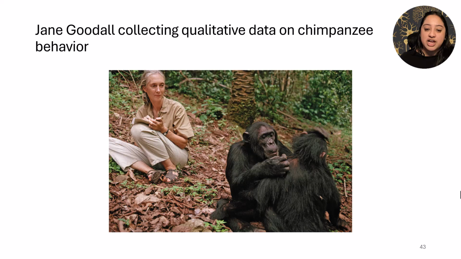She was able to name and get to know the individual chimpanzees, and she described their behaviors, the name of this one interacting with this other one, and this is what they do. She's describing things, so that would be qualitative data. But she could also collect quantitative data, like maybe weigh them periodically or test how long they were in a social interaction. So there's different kinds of data you can collect.